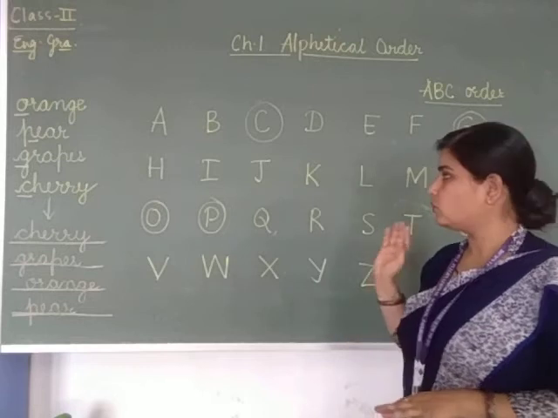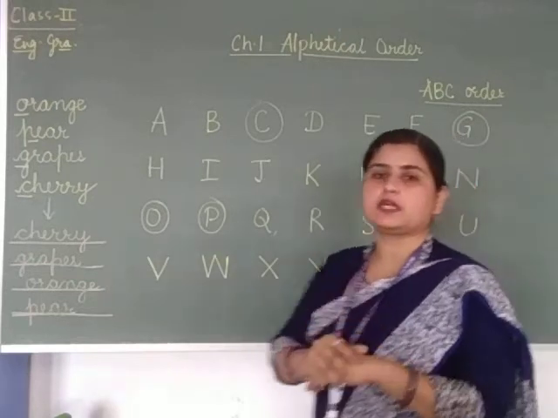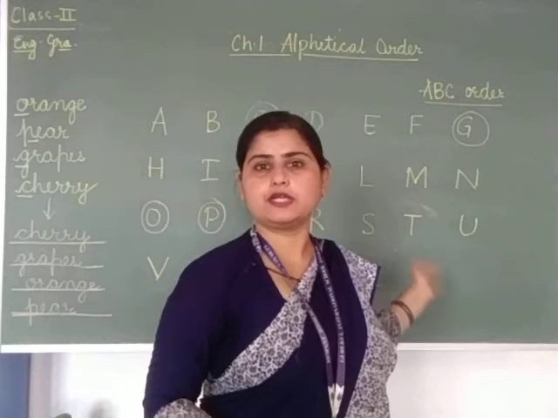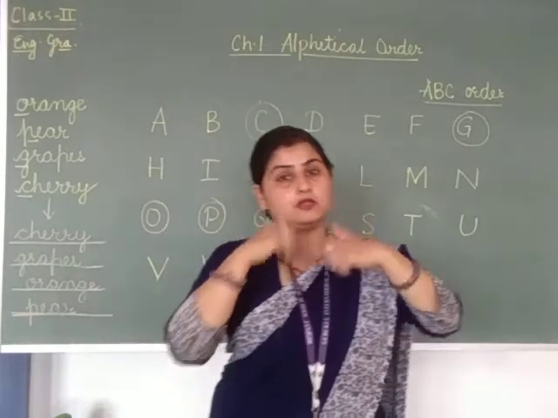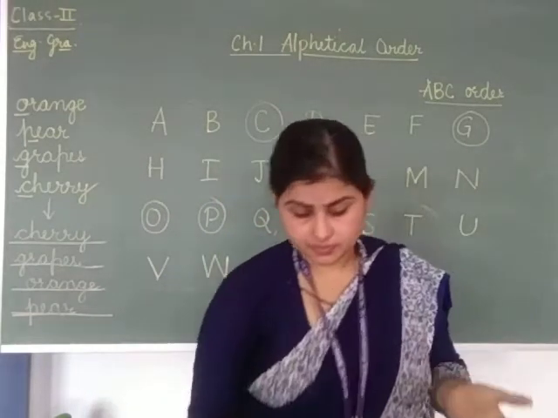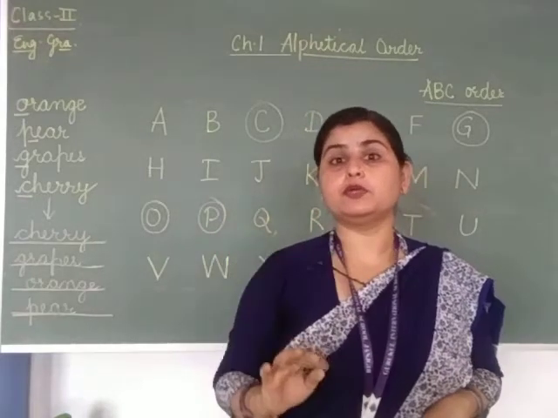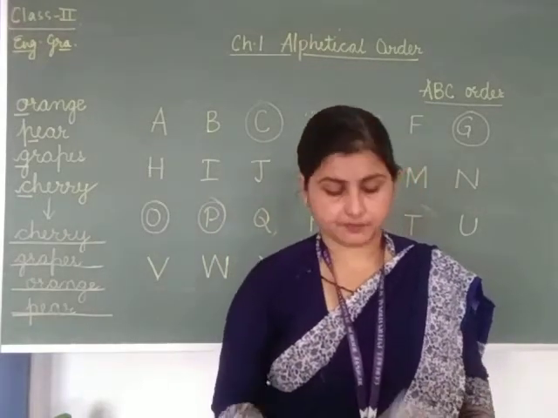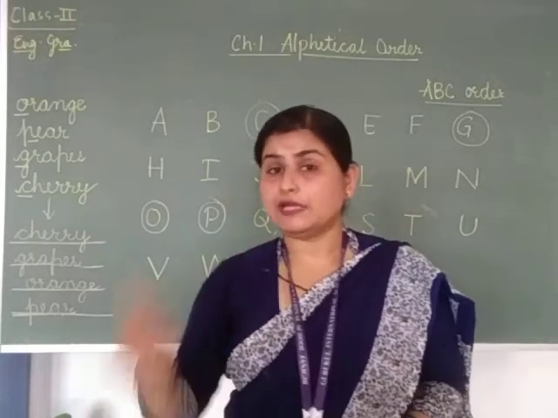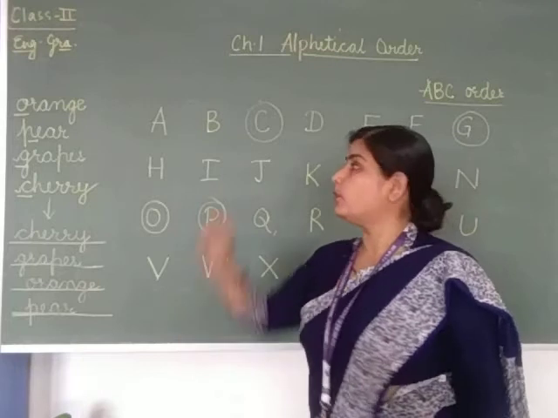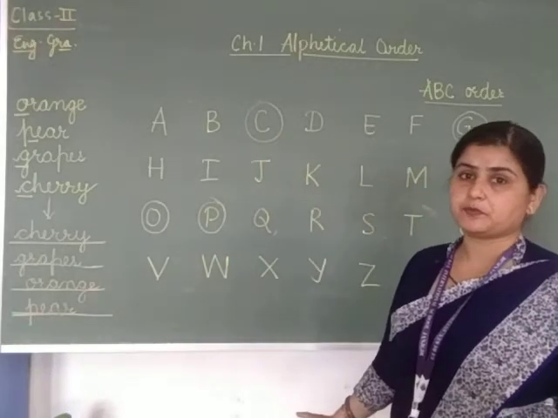So I have a shortcut for that. You will not have to write A to Z at all, and with the help of just recalling A to Z, you can do it in a minute. So I am going to give you an example for writing the words in an alphabetical order without writing ABC.